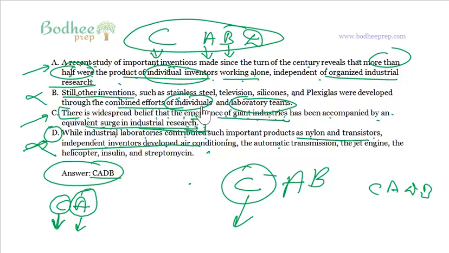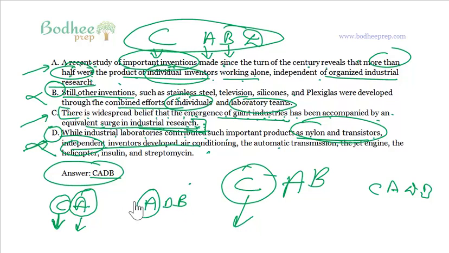A recent study of important inventions. So basically, important inventions has been introduced in A, and the inventions are there in D and the inventions are there in B. That means basically you will find that D and B will definitely come after A, because A has the word inventions, C begins, and therefore CA is a pair, and DB must come later on.